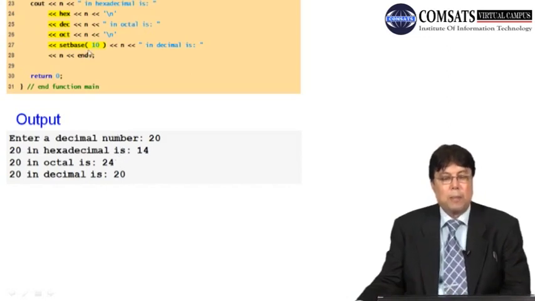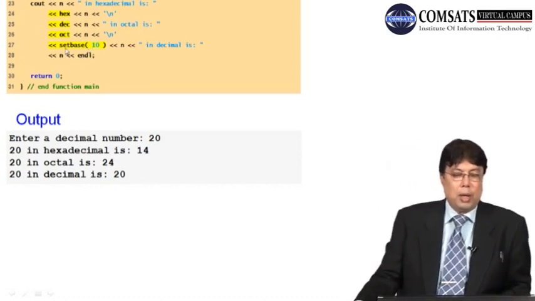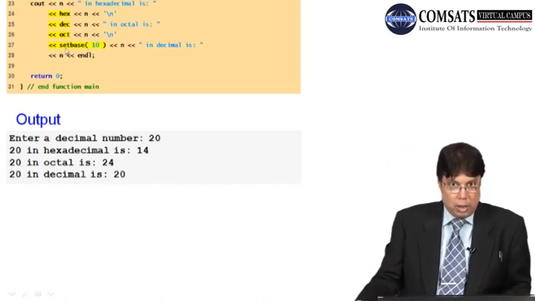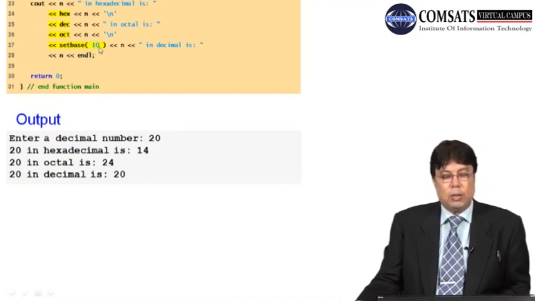And then with setbase, you have set it back to decimal. You provide the parameterized manipulator with the argument 10, so it will set it back to decimal and you will get 20 as the output.